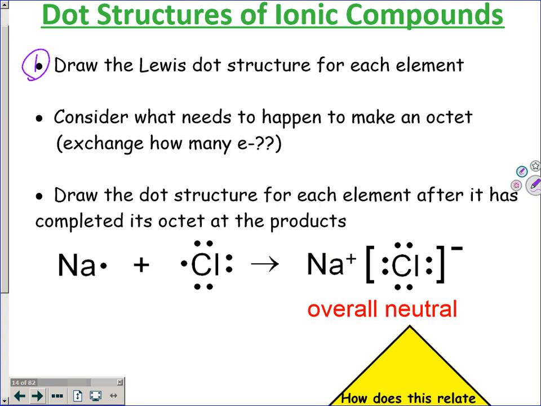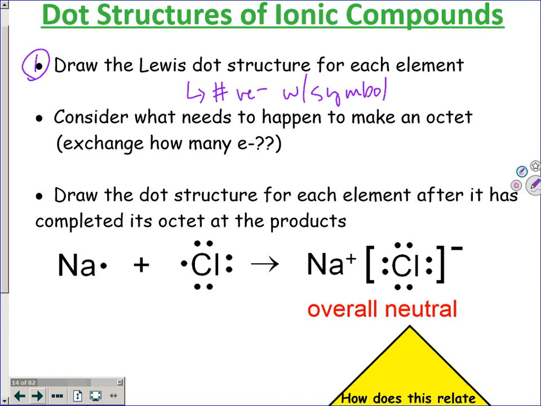So with your symbols, though, you're also identifying the number of valence electrons with that symbol. So you'll draw a dot, or number of dots. All right, so everyone should be with me drawing and writing down information. Okay?